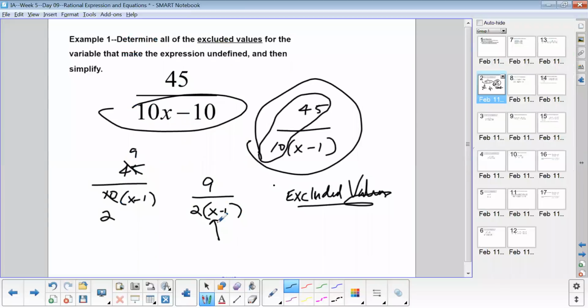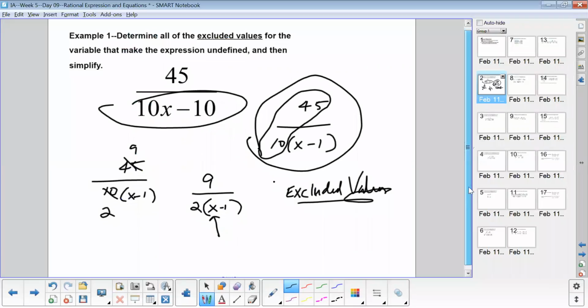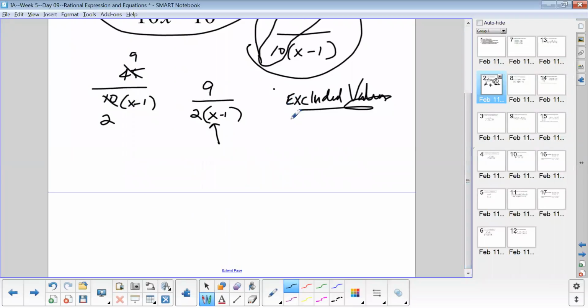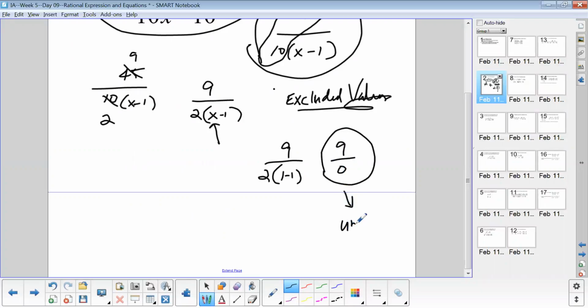If you substitute a 1 in for x, you get 2 times 1 minus 1, and 1 minus 1 is 0, and 2 times 0 is 0. So you get an undefined value when x is equal to 1. So what are our excluded values? Our excluded value is when x is equal to 1. Therefore, x cannot be equal to 1 as part of the domain.